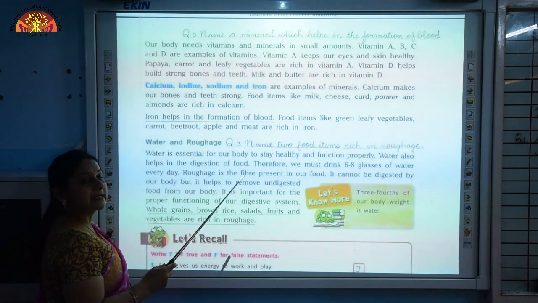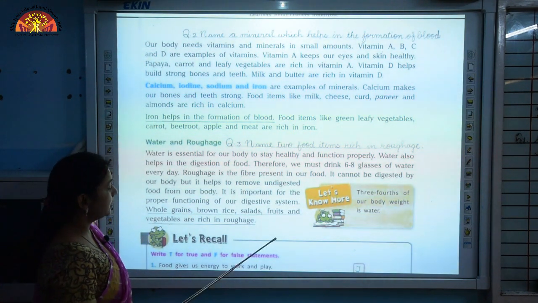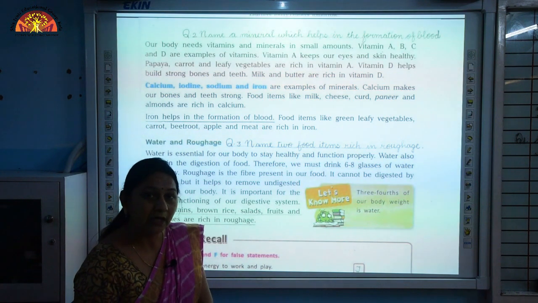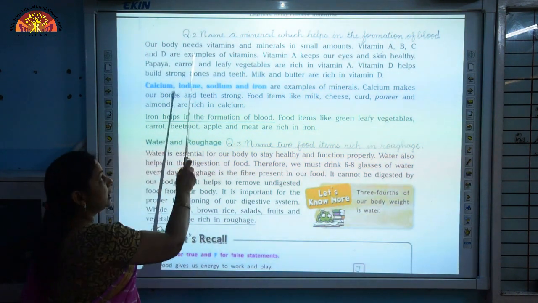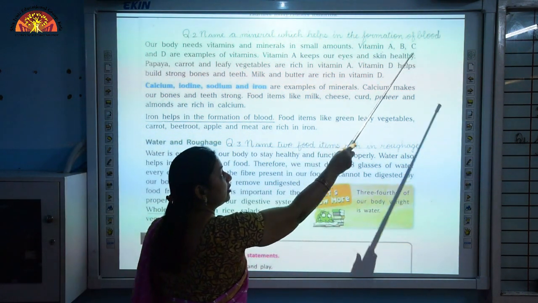Now we have the second internal question, which you are going to write on page number 9, children. Name a mineral which helps in the formation of blood.